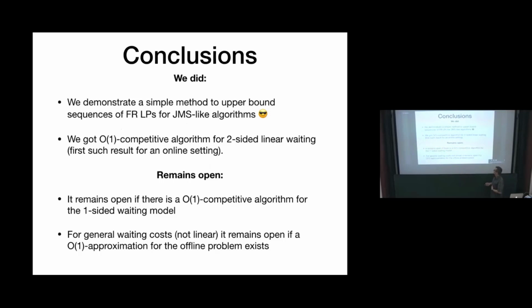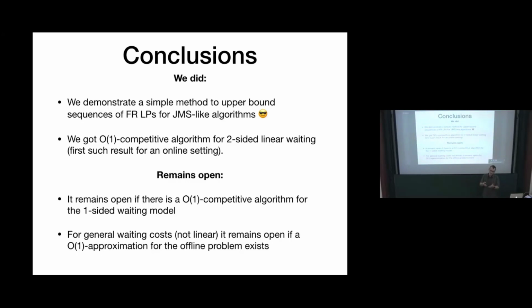Okay, so I will slowly conclude. We demonstrated how to analyze JMS somewhat differently. At least one fragment of the analysis we do in a way that I like better, it's simpler. We got a constant competitive algorithm for the two-sided weighting version.